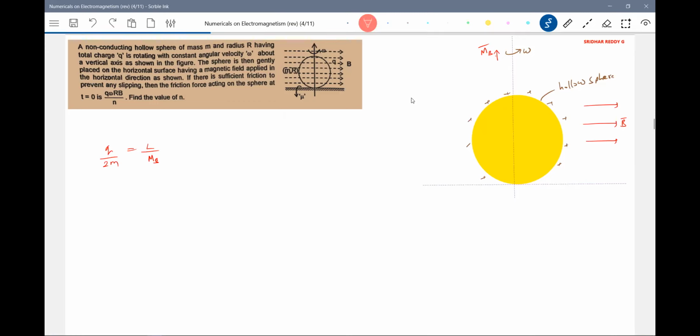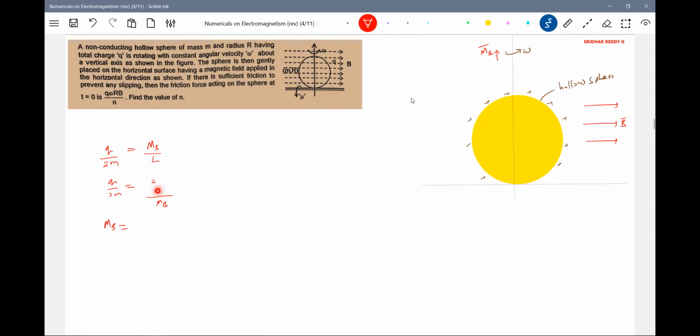Formula, I think m bar directly I can find out. So what is q by 2m? What is the angular momentum about any diameter? 2 by 3 m r square omega. So the dipole moment should be equal to... I made a correction.